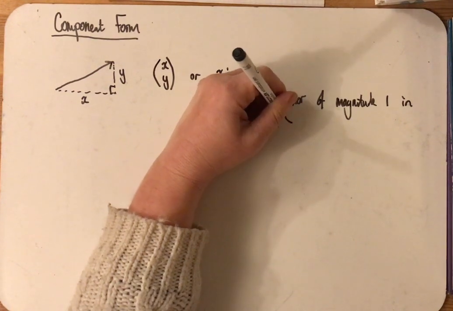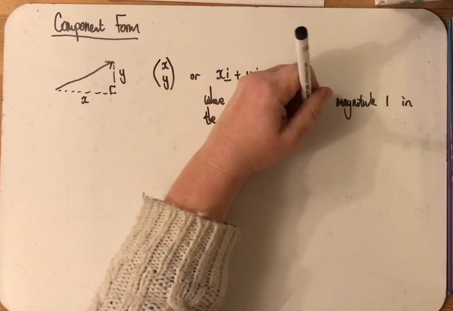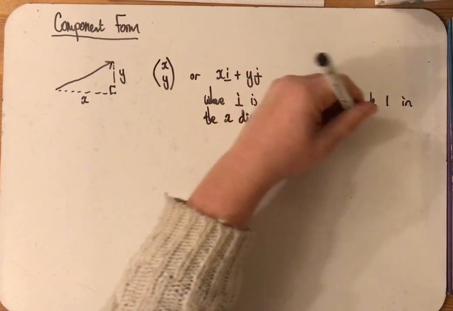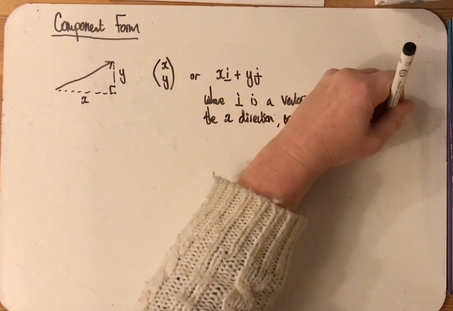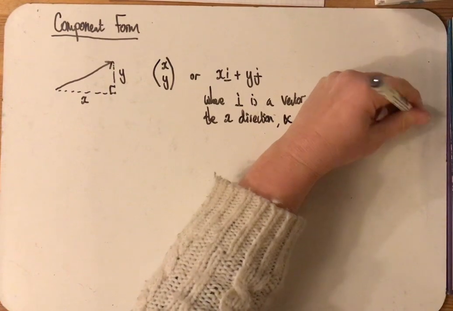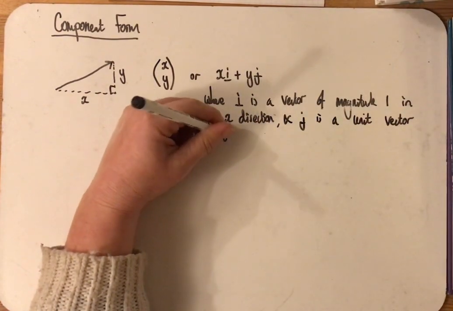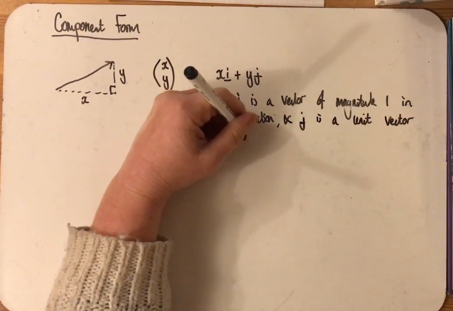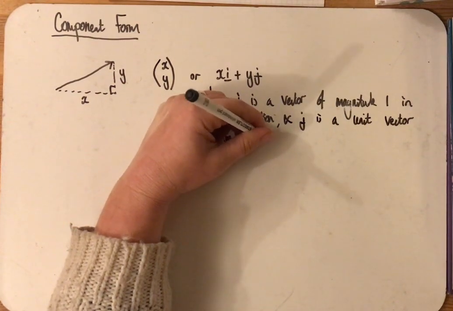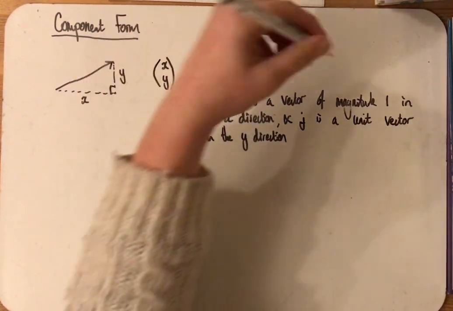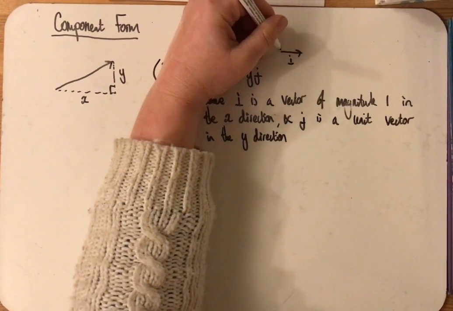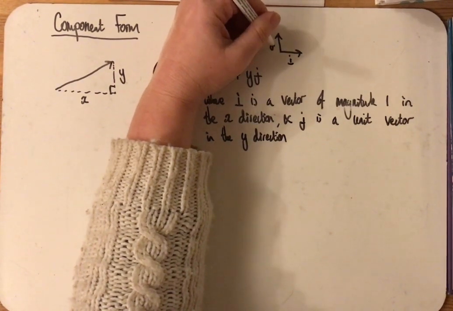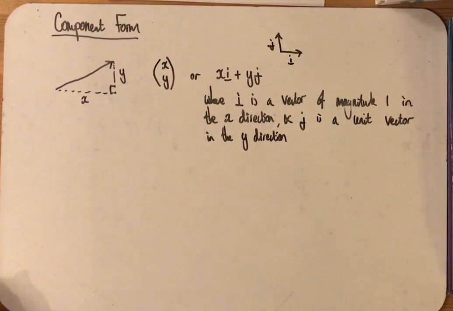and j is a unit vector, so it's a vector of magnitude 1 in the y direction. So we're basically doing this. That's i, that's j, and they both have length 1.